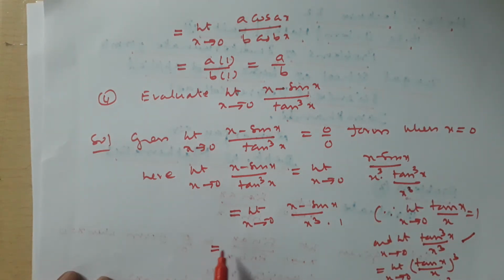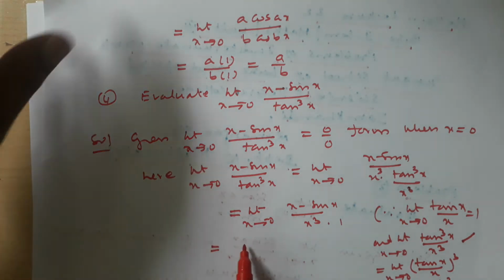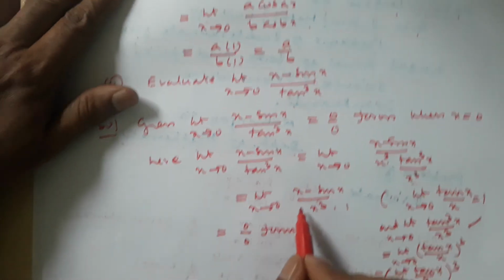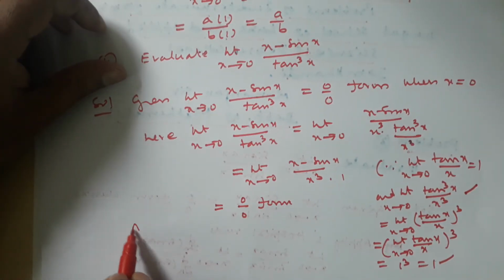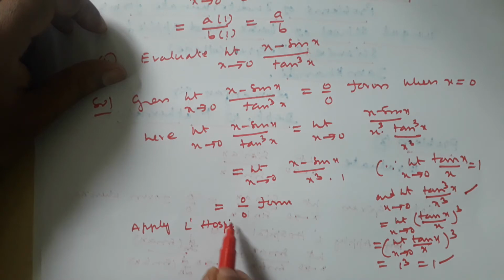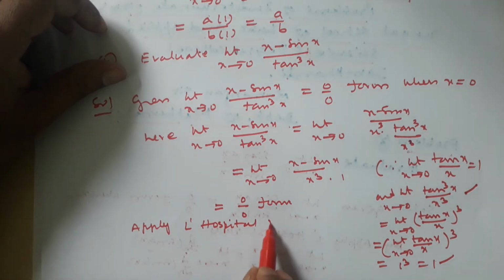Now it is again 0 by 0 form. So now apply the L'Hospital rule.